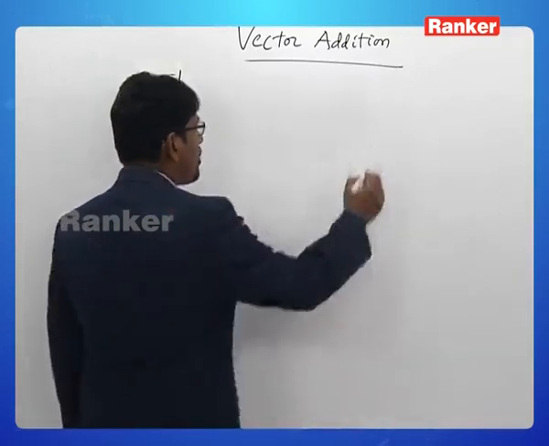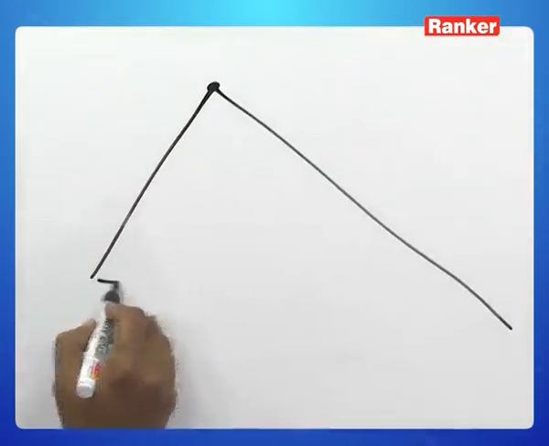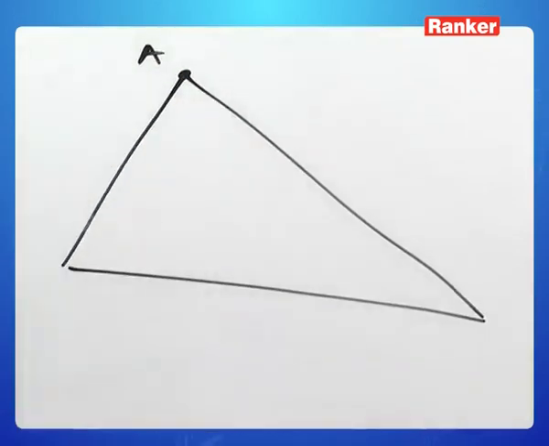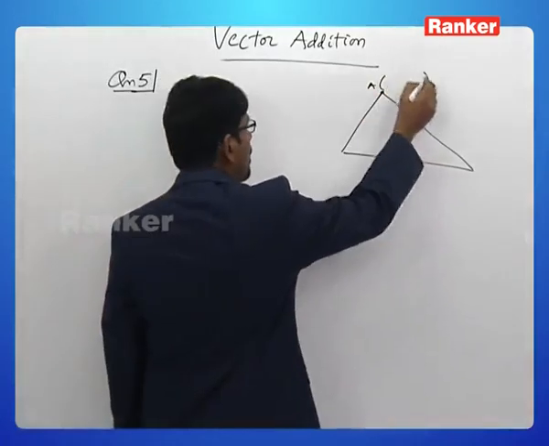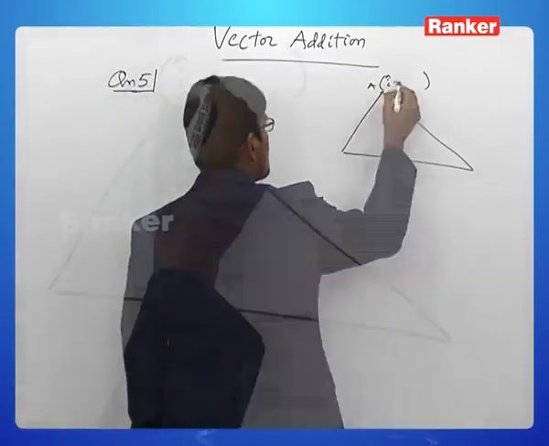Now, we are given the position vectors of the 3 points which are forming the vertices of the triangle. What is that? The position vector of this is i plus j plus k.